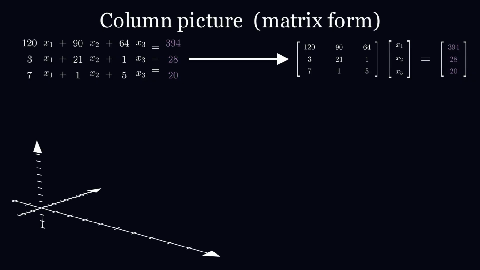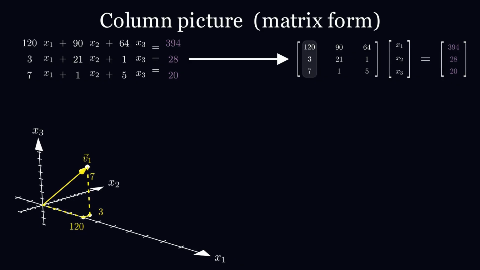Notice these columns. Each column corresponds to one variable, but instead of thinking of them as just numbers, we can think of each column as a vector. So now each column becomes a vector in space. And instead of thinking in terms of equations, we are thinking in terms of movement.